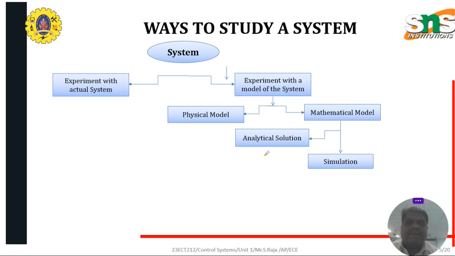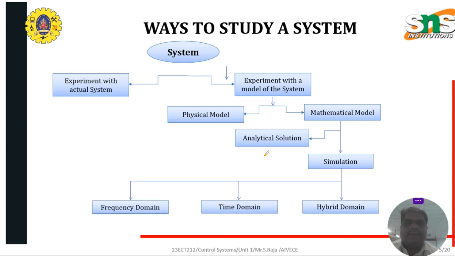Further, the mathematical model can be classified into analytical solutions and simulations. Then the simulation can be divided into frequency domain, time domain and hybrid domain. You can study frequency and time domain in the next two subjects, electromagnetic field theory as well as digital signal processing. This is how we are going to study a system.